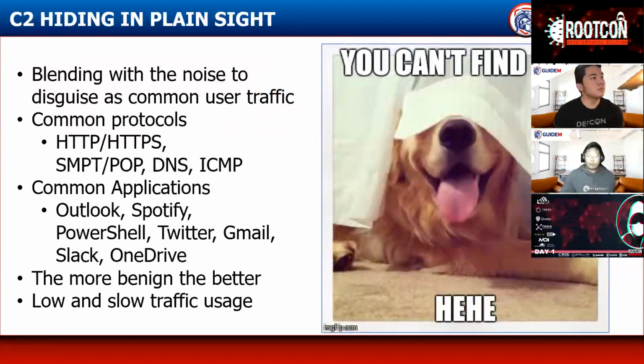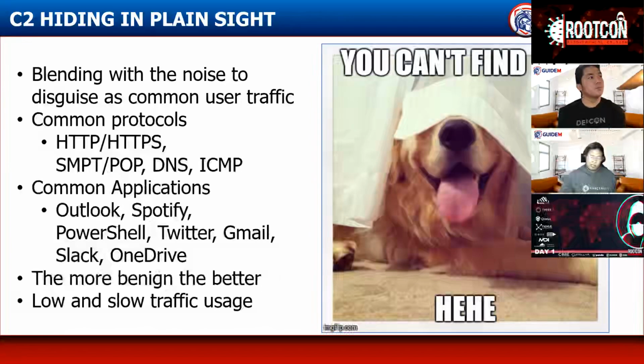So C2 or command and control hides in plain sight. Most of the time, we currently see that the threat landscape nowadays, when it comes to establishing command and control channels, the first objective is to blend with the noise, look for the organization's applications that are being used, and leverage them in order to blend in perfectly or stealthily inside the network environment wherein defenders actually have a hard time detecting these malicious activities.